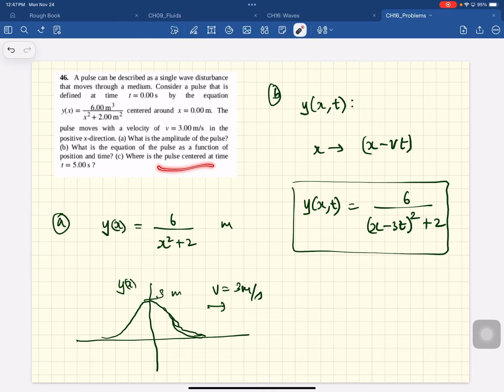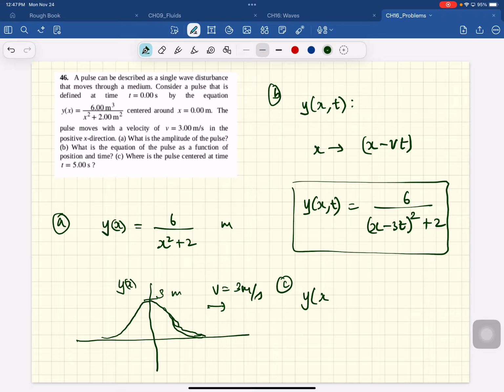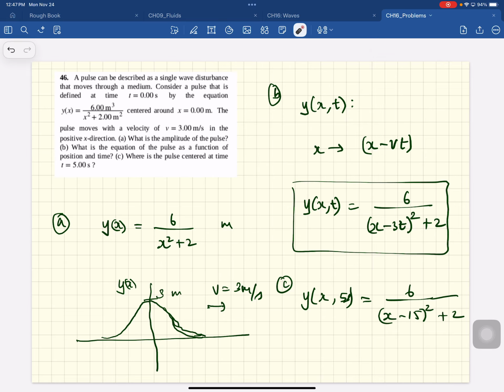Where is the pulse centered at t equal to 5 seconds? At t equal to 5 seconds, this would be 15 meters, so the peak would be at 15 meters. That's where the pulse would be.